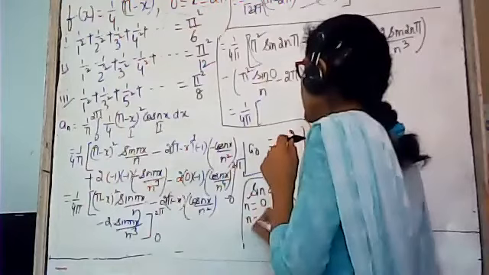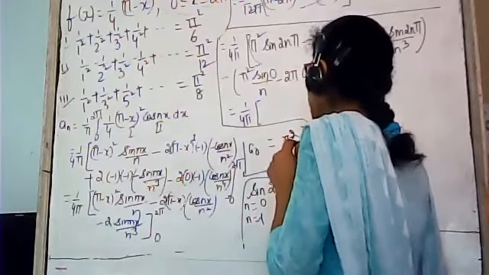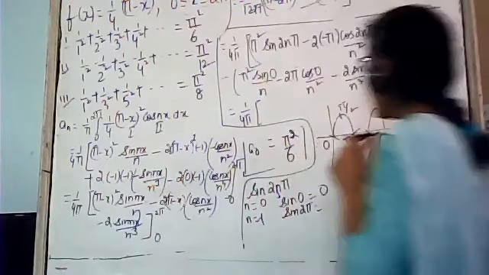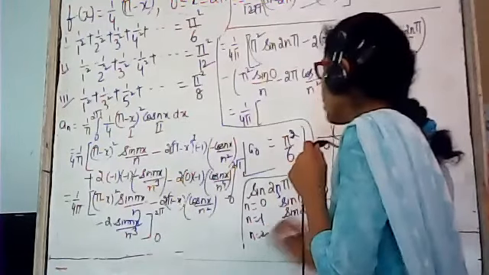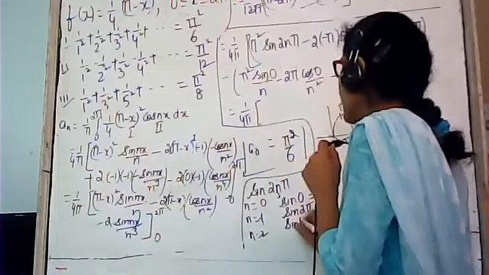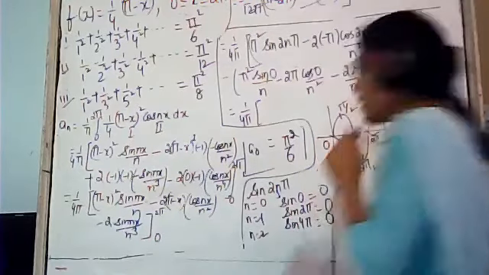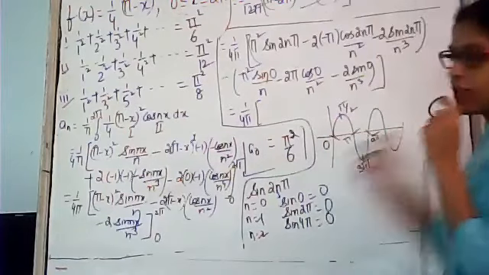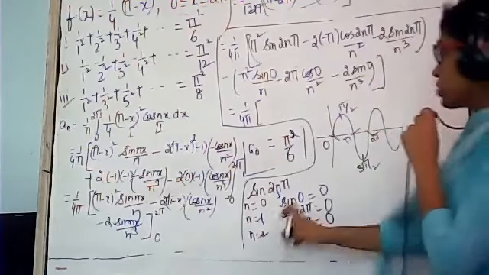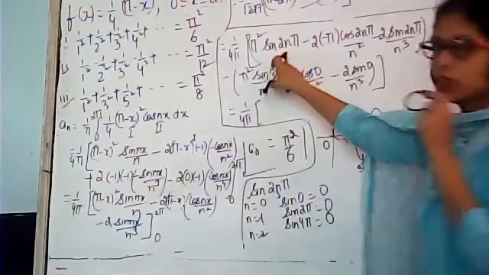If we put n equal to 1, this will become sine 2 pi, and sine 2 pi is again 0. If we put n equal to 2, this will become sine 4 pi, and sine 4 pi is again 0. It means that all the even multiples of pi for sine are 0. So its value is 0.